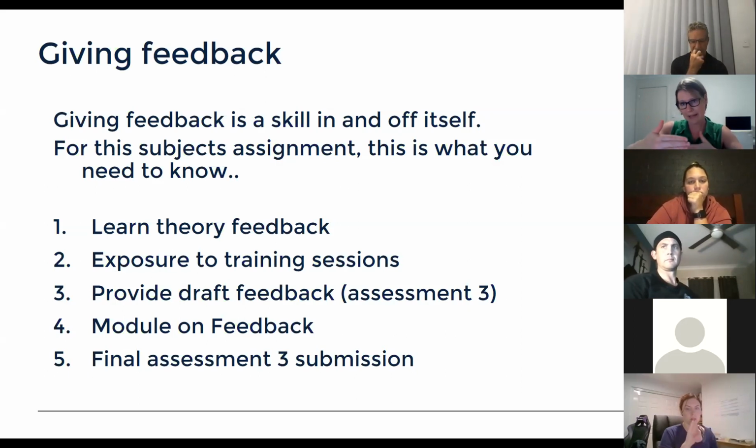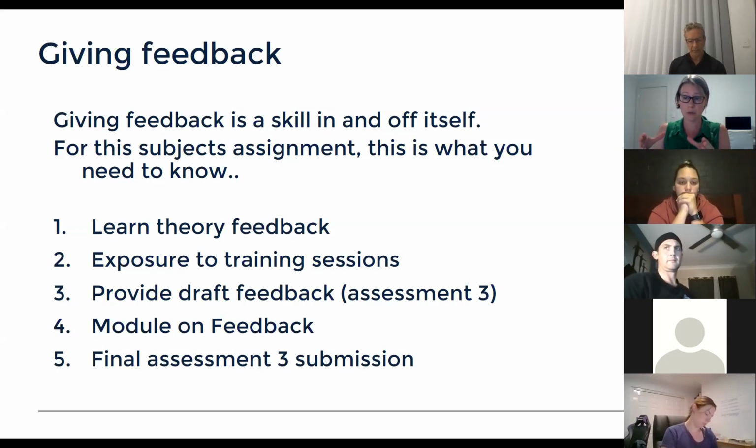So you would basically make a feedback form and hand that to us. And you would get feedback from us on your feedback, which is a page. And at the end of semester, you would get a mark for how you have actually given your peers feedback. But now we basically have to swap it to a more streamlined online approach.